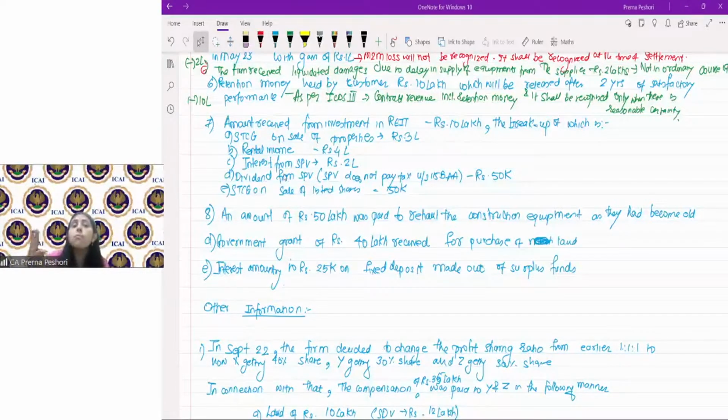But income from the capital gains on sale of the real estate property would be taxable in the hands of the REIT and would be exempt in the hands of the unit holder.